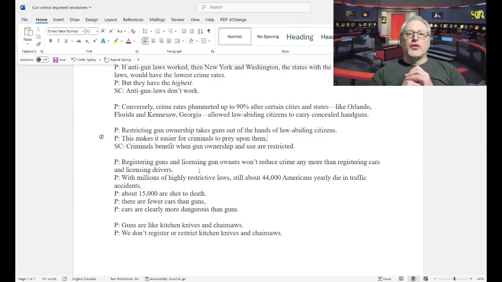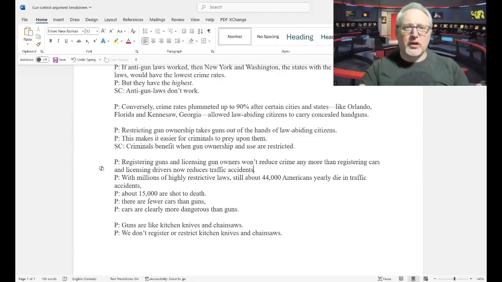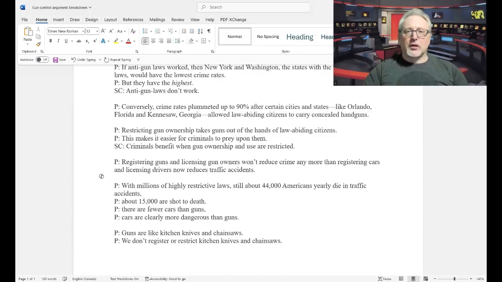Registering guns and licensing gun owners won't reduce crime any more than registering cars and licensing drivers reduces traffic accidents, which is to say, hardly at all. What does he mean when he says, which is to say, hardly at all? Hardly at all is a way of saying that registering cars and licensing drivers doesn't reduce traffic accidents.